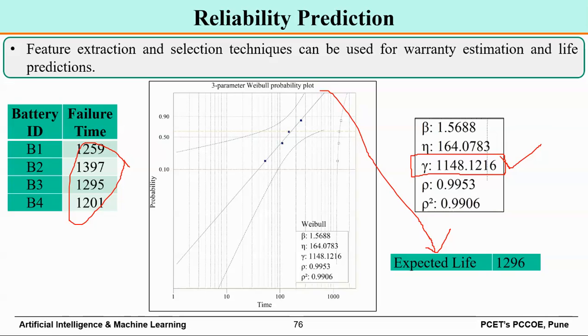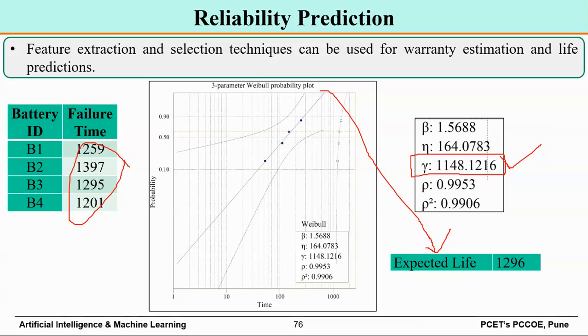So this is another feature. Warranty is first feature that we extracted. Expected life is another feature that we extracted. Is it fine? So, did you understand application of AI in life prediction?